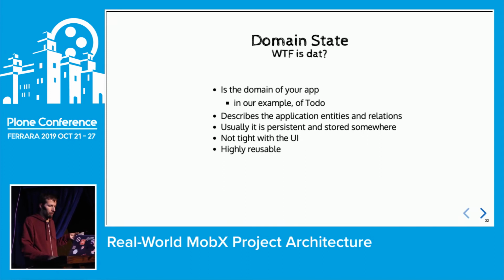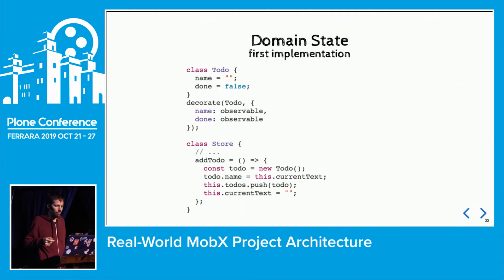So let's go back to our application and try to make our first domain state implementation. Again, what we can do is simply define a new class with the properties name and done, and then use decorate in order to say to MobX that the name and done properties are observable, so they will hold the state, and we will remove the definition from our store.